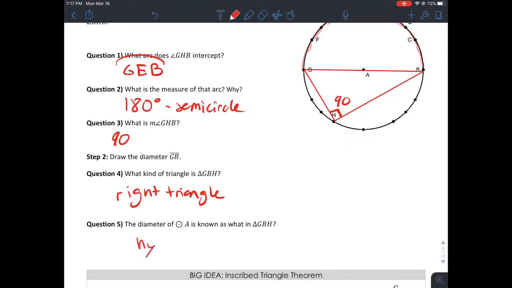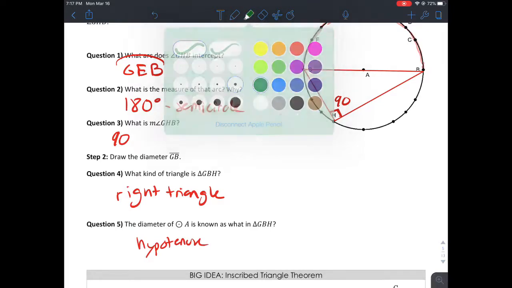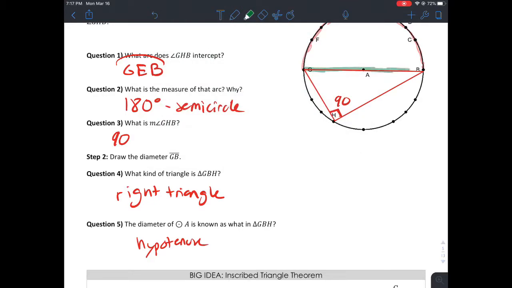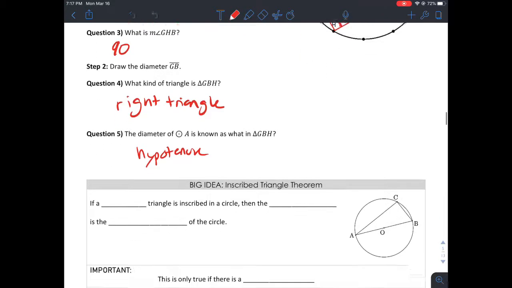Well, that's our hypotenuse. This would be right here. Let's see, I'll highlight it in a different color. We'll go green. This is our hypotenuse. So in this case, the diameter is the hypotenuse.